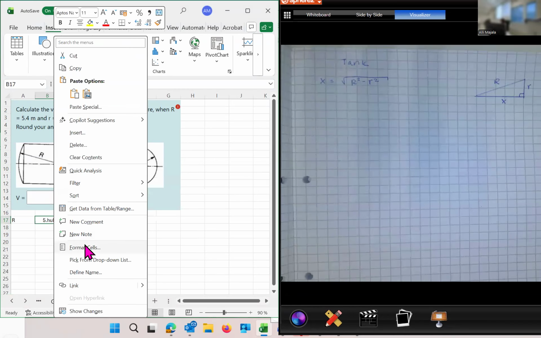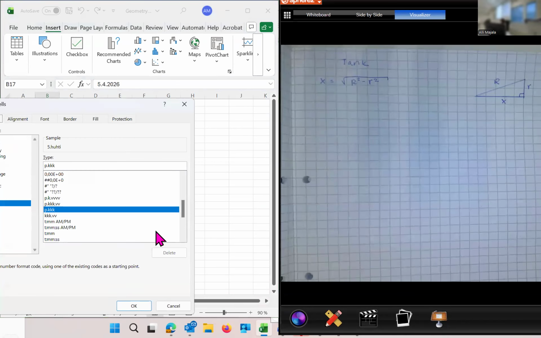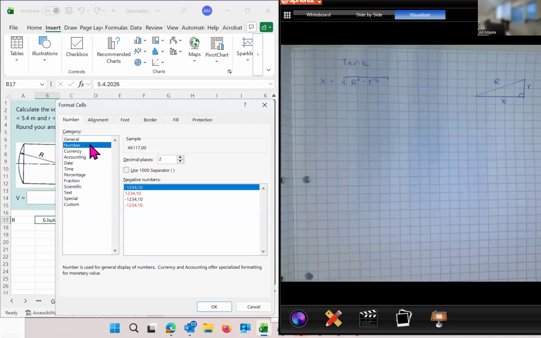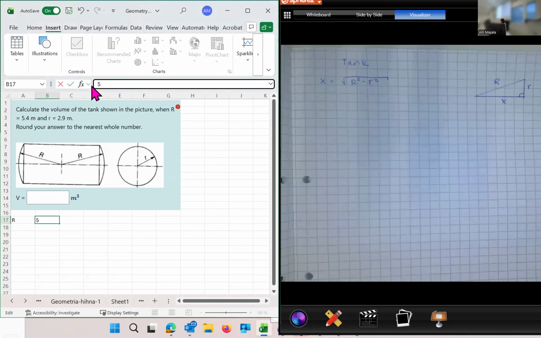Format cell. Oh, it has to be, come on, number, decimal, okay, whatever, how many decimal places, but 5.4, it can't be any.